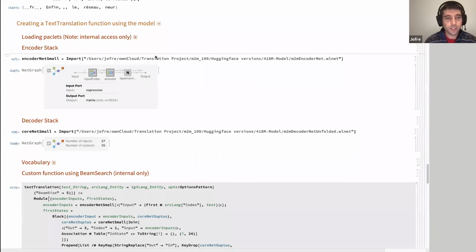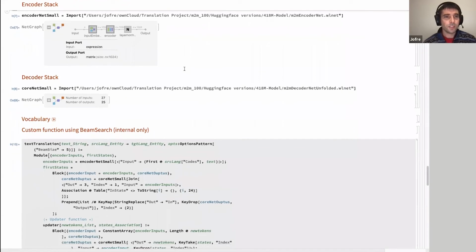The idea is that in the near future we will have this kind of net model included into the text translation function, so people can do translations with Mathematica locally, as well as the model will be in the Neural Net Repository.